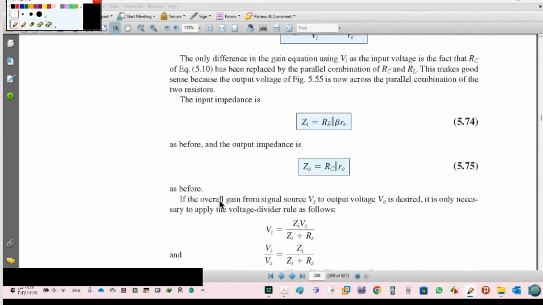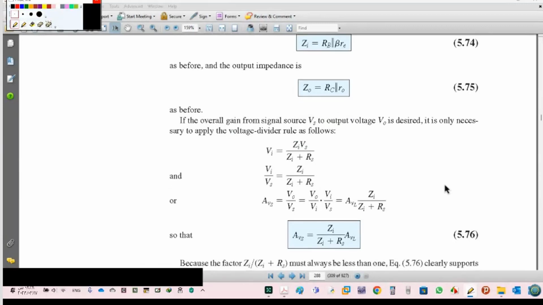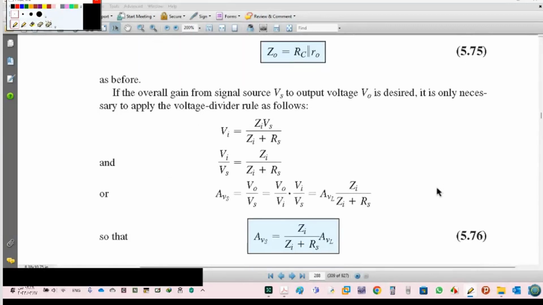See this? It is ZI over ZI plus RS. Good. See here the trick that we used in our book. I said VI over VS. I can rewrite it as, see my hand, VI over VO. Okay, sorry. So if I want to write AVS, it is VO over VS.